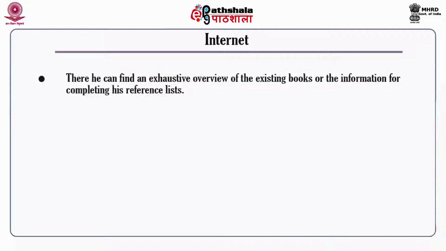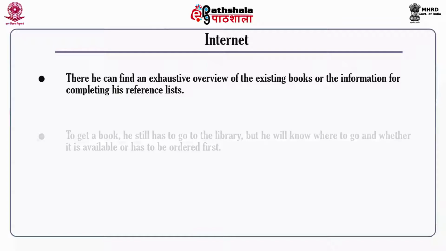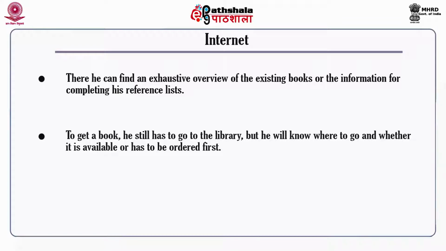There he can find an exhaustive overview of the existing books or the information for completing his reference list. To get a book, he still has to go to the library, but he will know where to go and whether it is available or has to be ordered first.